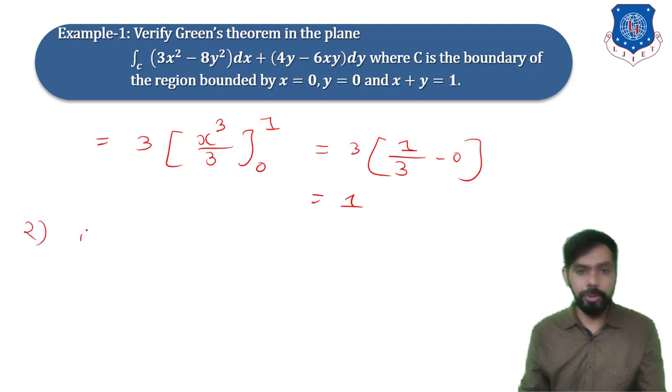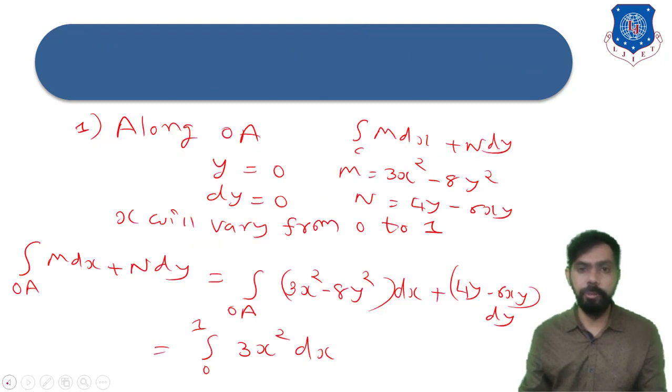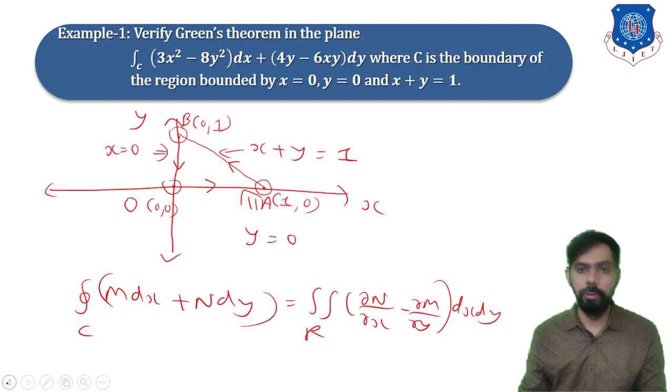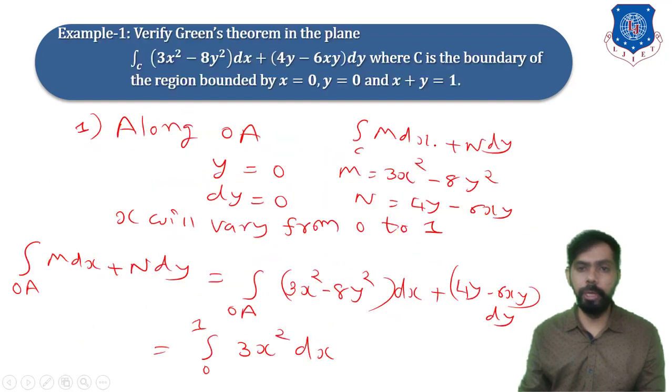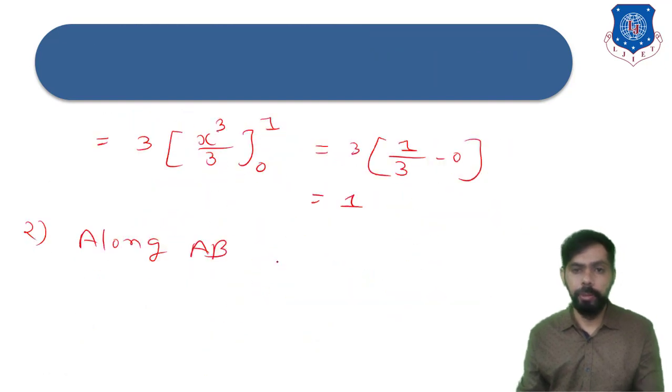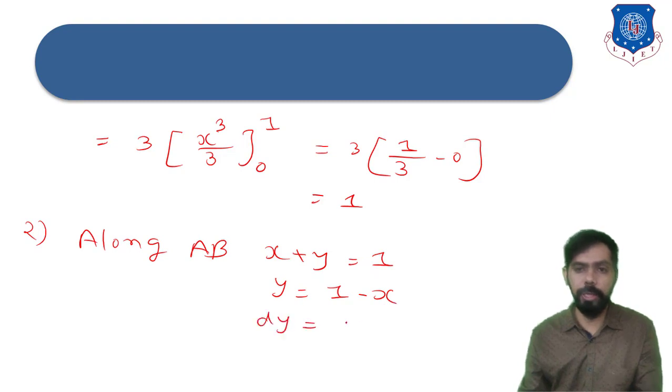Now in the same way we will find the value of the integral along AB. So along AB, it represents the line x plus y is equal to 1. Therefore y will be 1 minus x, therefore dy will be minus dx.